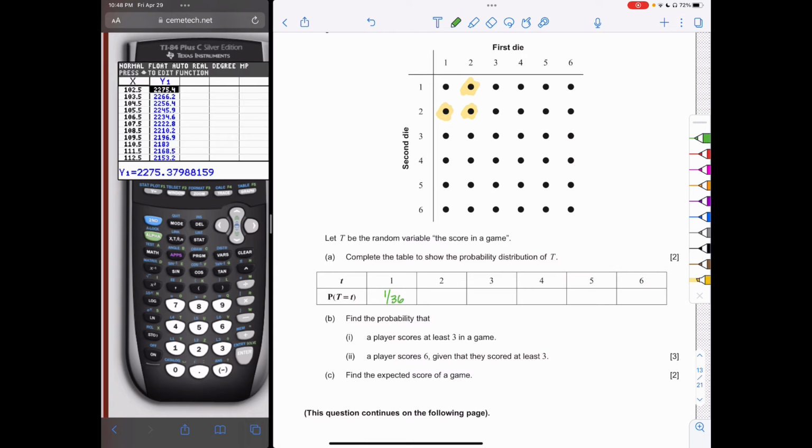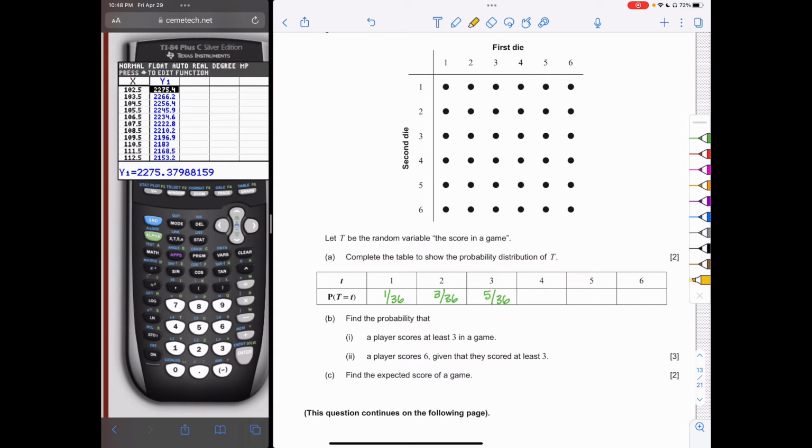So that's going to be a 3 out of 36. The only way that you are going to get a 3 is if you roll a 3 and a 1, a 2 and a 3, a 3 and a 3, a 3 and a 2, a 3 and a 1. So that's going to be 5 out of 36.